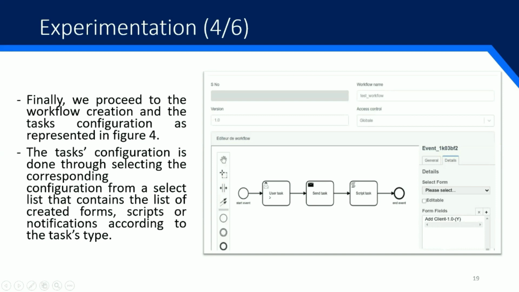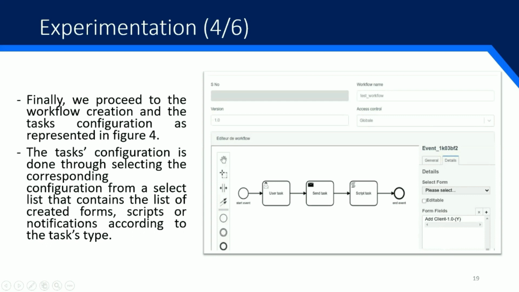For each start event and user task, we can add multiple forms, and these are customizations that we have added to the BPMN.io extension. The same goes for the send task and the script task. We have added customizations to this plugin to provide the capability to use the select list and access the elements that we have created.